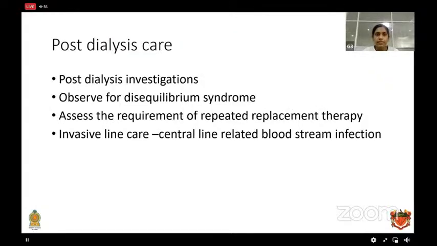So for post-dialysis care, as an intern, you have to investigate whether the patient has improved, any features of disequilibrium syndrome, and whether the patient requires further dialysis or not. And you have to be concerned about the invasive line also, to prevent line sepsis also.